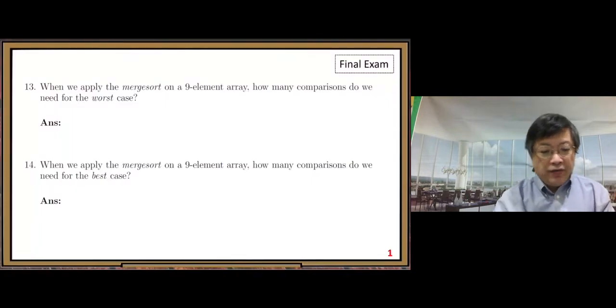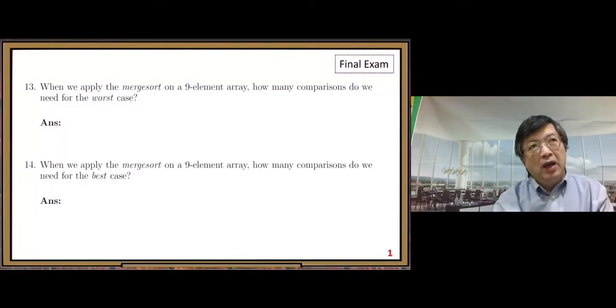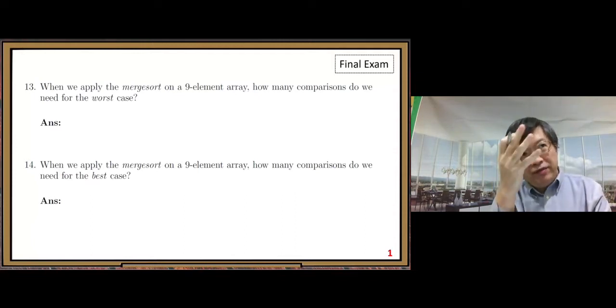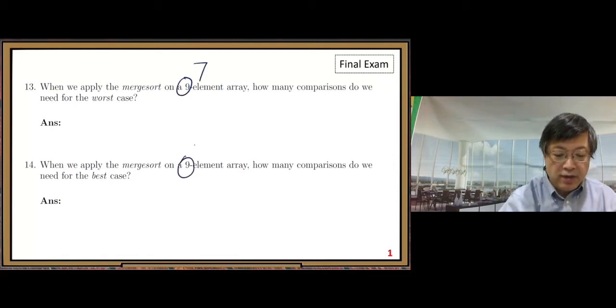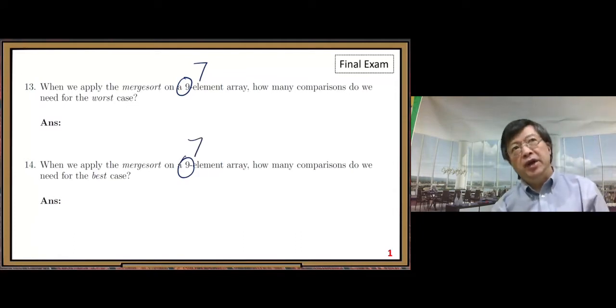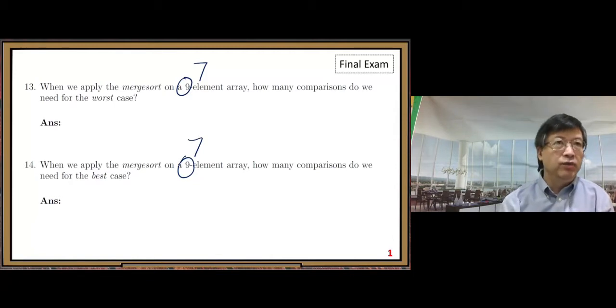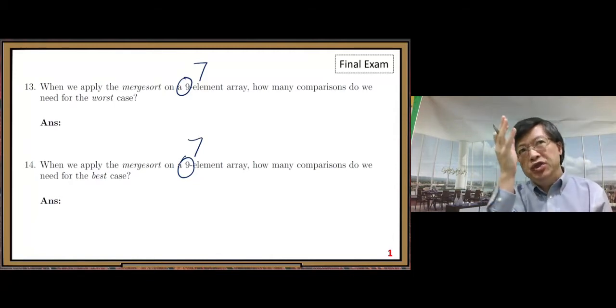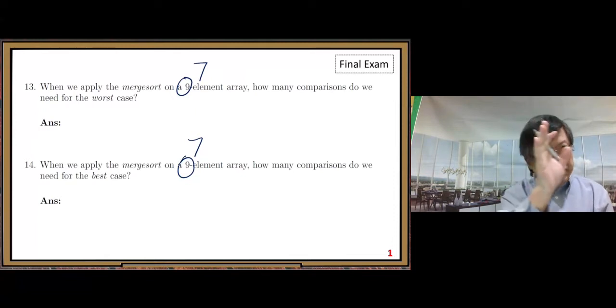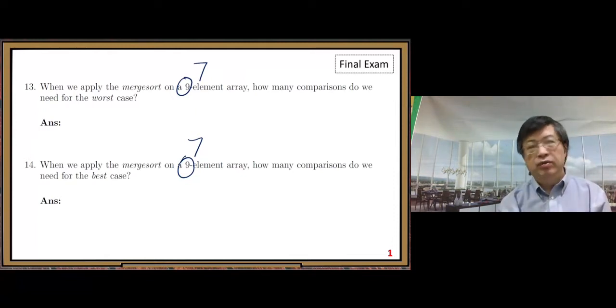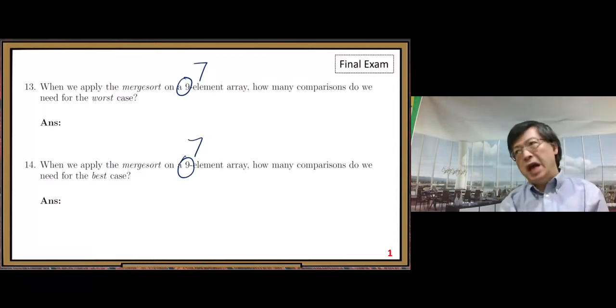All right, so these are two questions from the homework assignment. We have two similar questions, but with different numbers: 7 and 9. Because many students couldn't do well on those questions, I want to check you another time, and this time I hope you can solve it much better than last time.